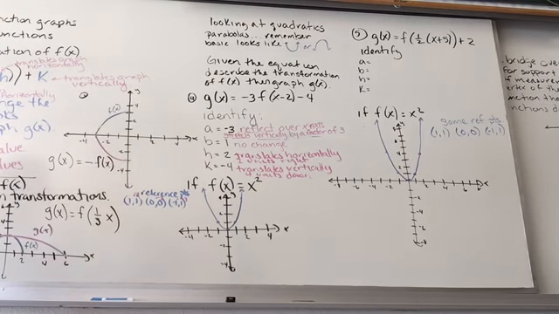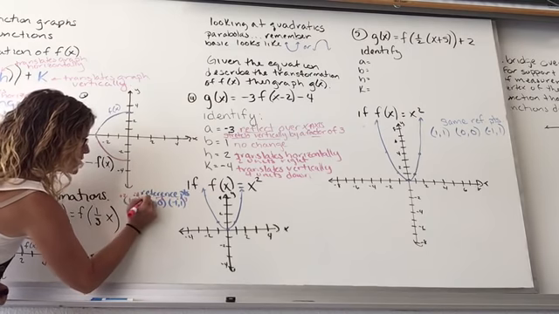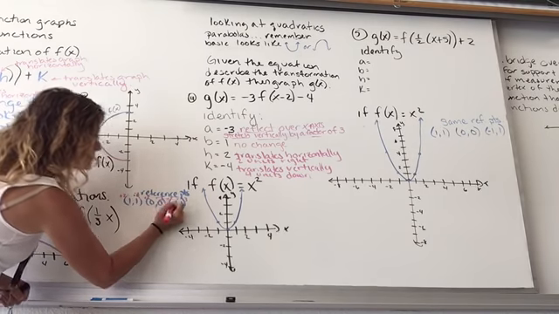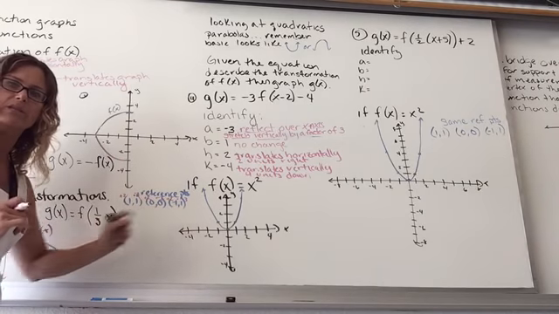So I like to write that there. B doesn't do any changes, so we don't mess with it. H translates horizontally. Horizontal is your x value, so we're going to add 2 to the x values. So for each x value, I'm going to plus 2. So I'm just writing it in above here, what I'm going to be doing.